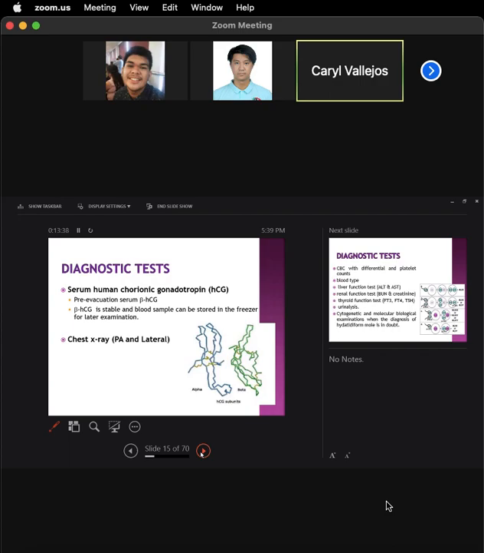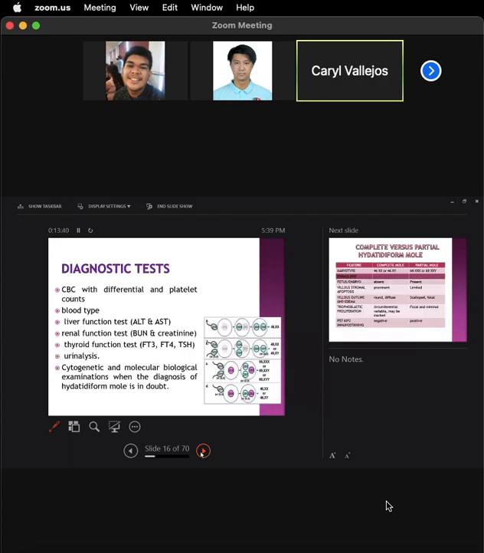Other diagnostic tests you would request are the CBC with differential and platelet count, and the blood type. Why is this so? Because going back to the medical complications, the patient's medical complication is anemia. So we request this to be able to prepare blood if necessary.